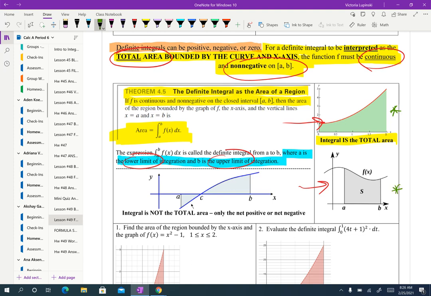Same thing down here. If you're going from A to B, it doesn't matter that you're not starting at 0, it doesn't matter where you start and where you end, as long as the function is continuous and entirely positive. So again, in both of these examples on the right, if you were to calculate the definite integral, you would get a positive answer, which would represent the total area.